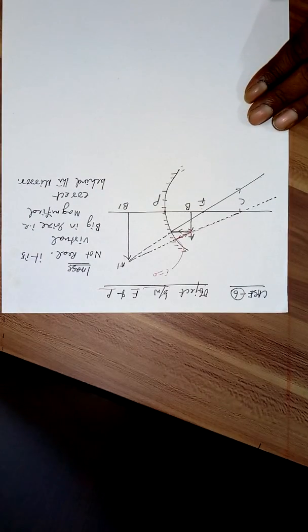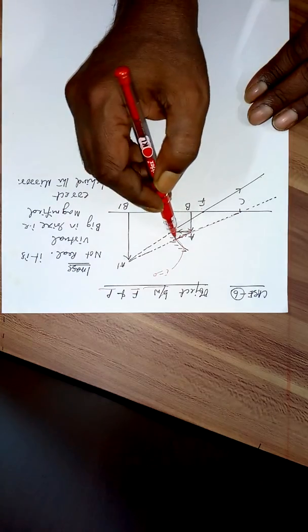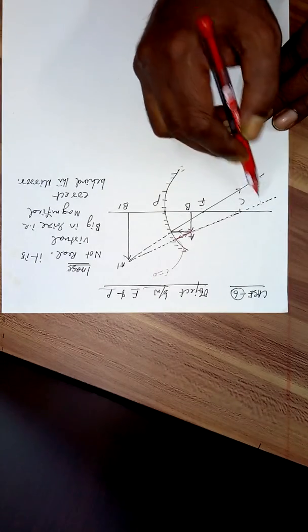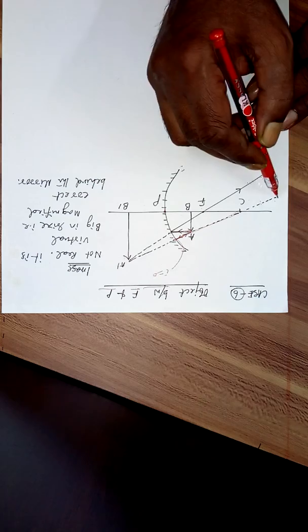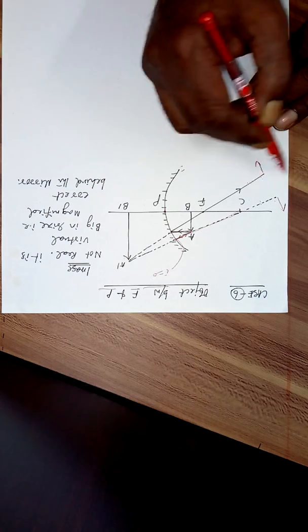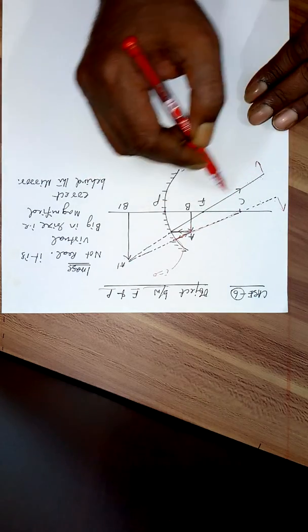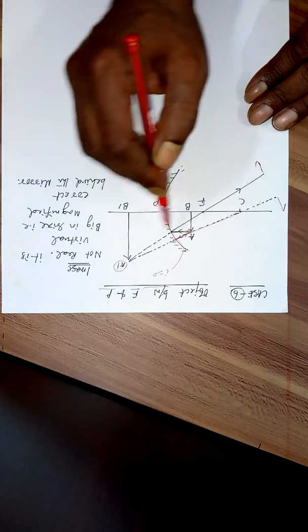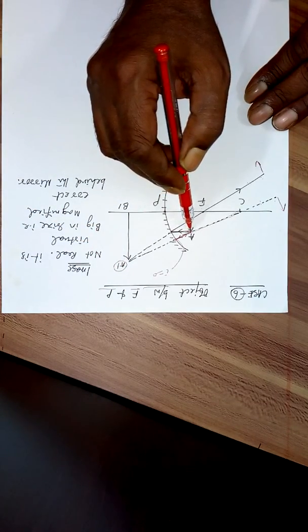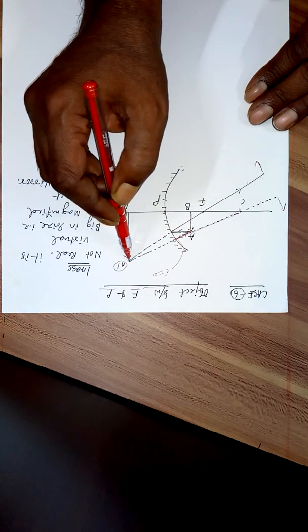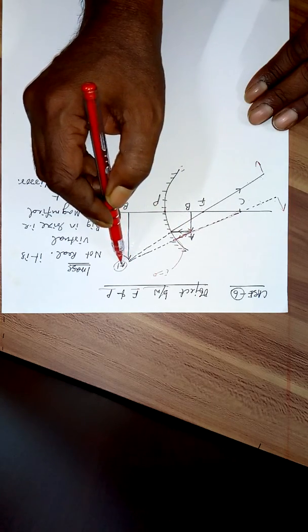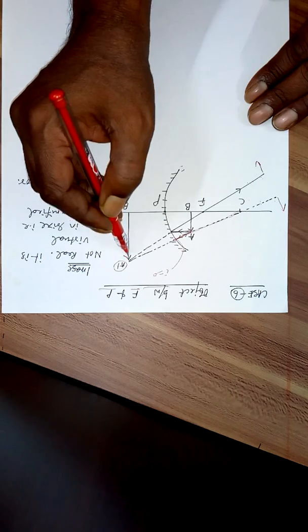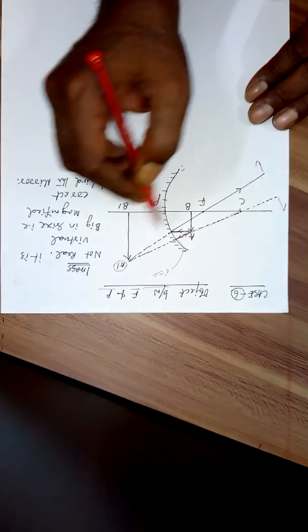So it is reflected back in the same direction, and these 2 rays on this side, they diverge, means they will not meet on this side. So if you produce them backwards, they appear to come from a point A dash. Since I had taken 2 rays from point A, and they appear to come from here, therefore A dash is the image of A. Now I drop a perpendicular because it was symmetrical.